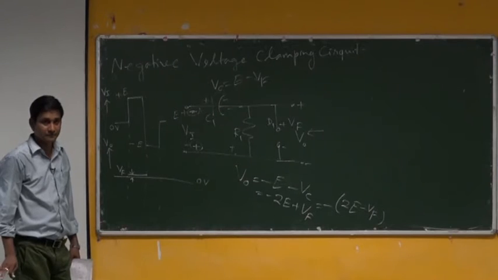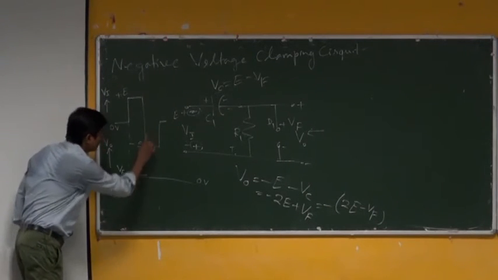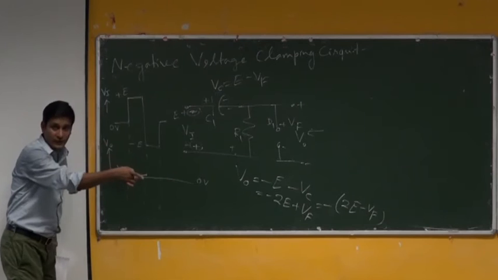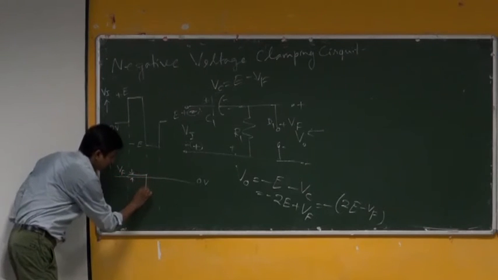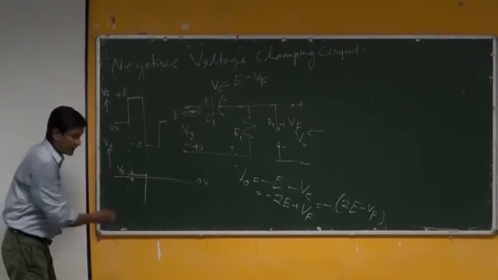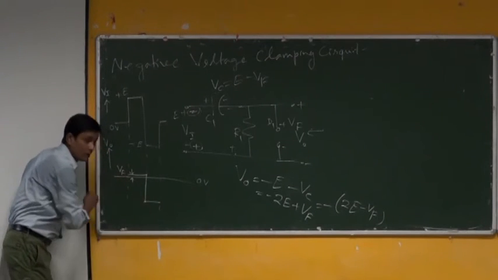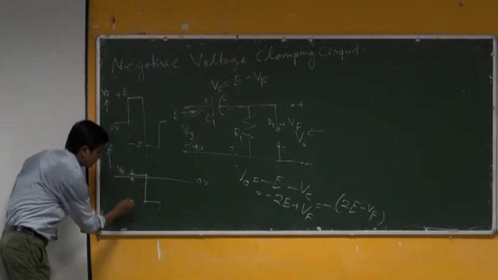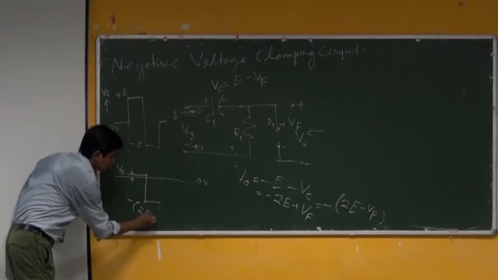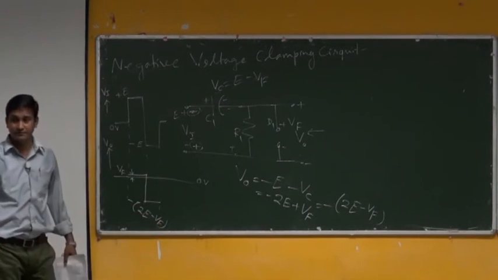Fine. So, if I have to plot the voltage at the output side, I will get the same shape like this, where the wave shape goes this way, where this voltage will be minus 2E minus Vf.